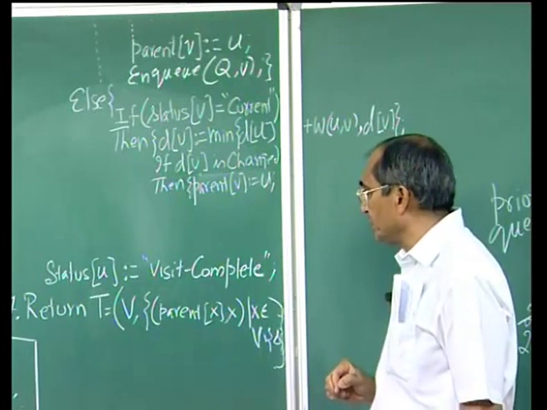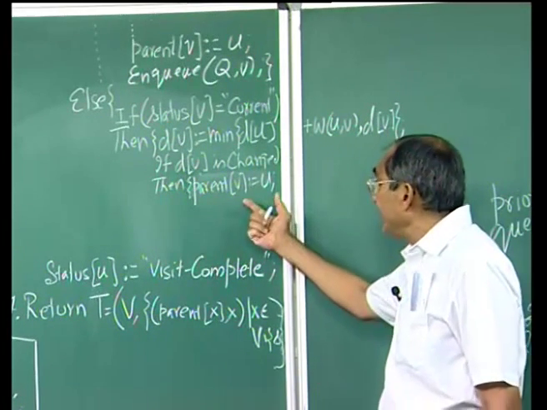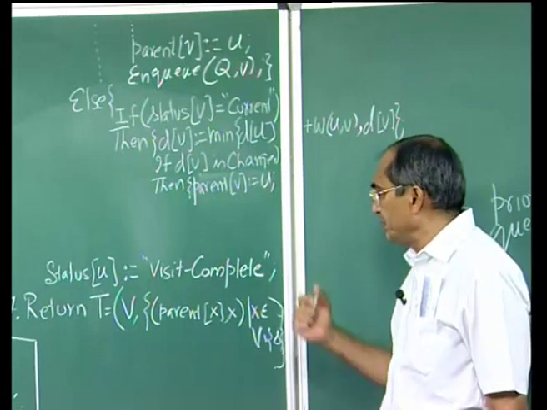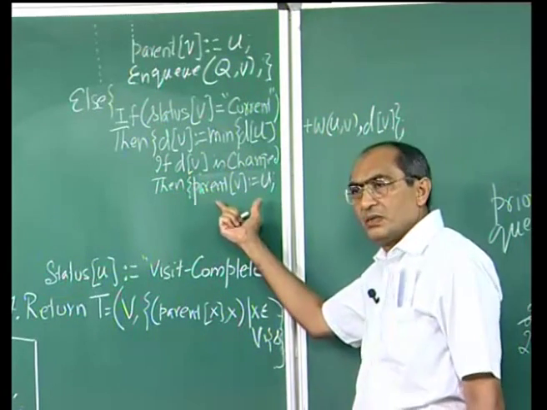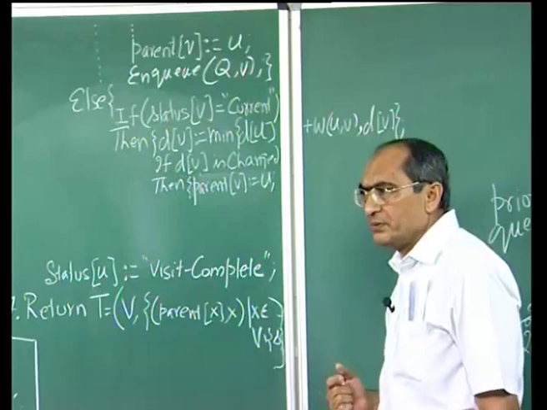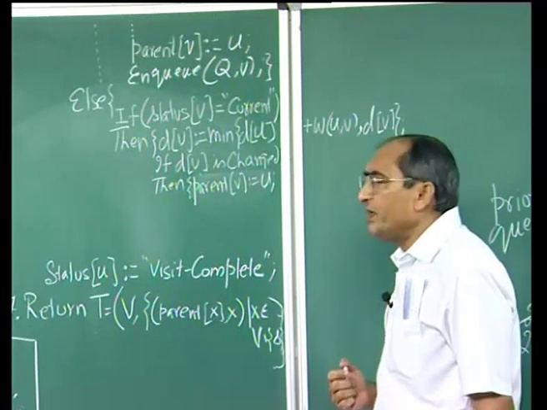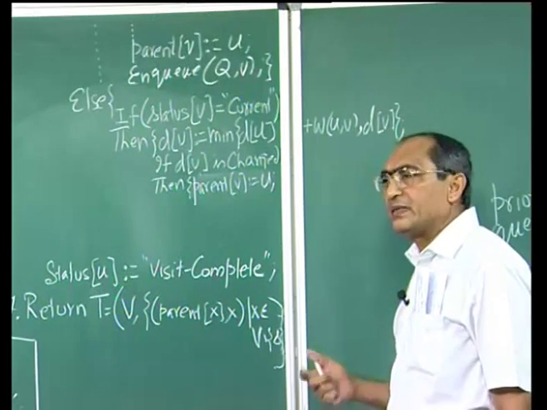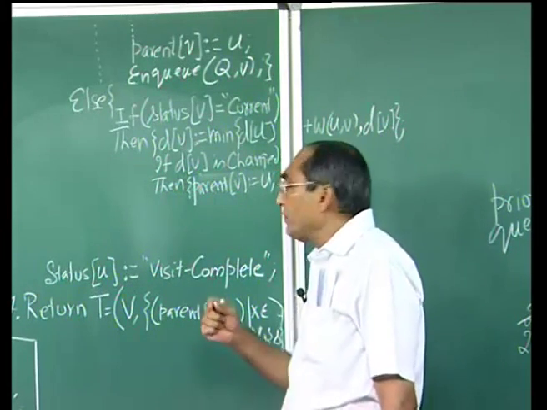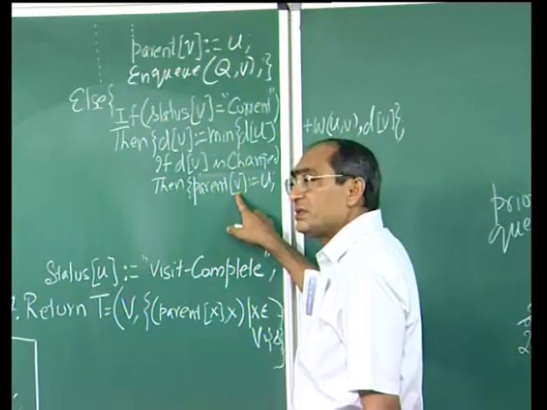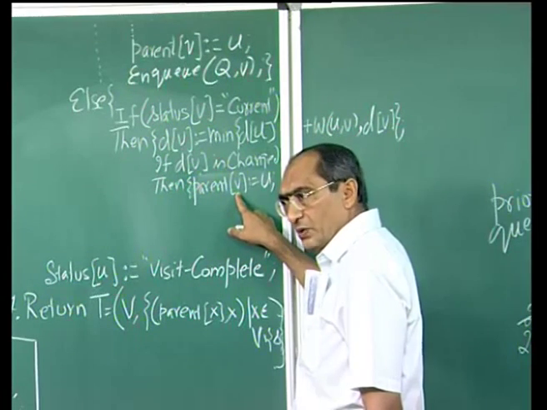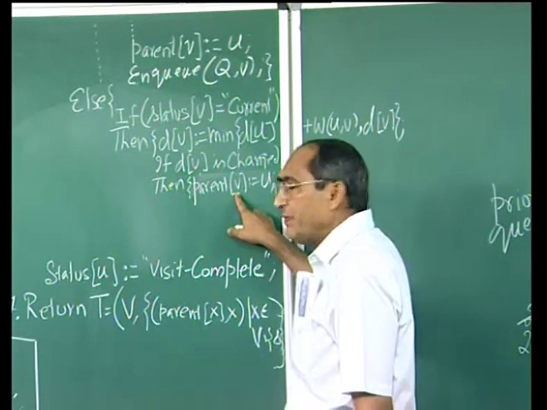We do not have to change the status, it is staying current. We do not have to enqueue vertex v into structure Q, but we will have to update the Q, because one of the vertices which was presently in Q, its d value has changed.